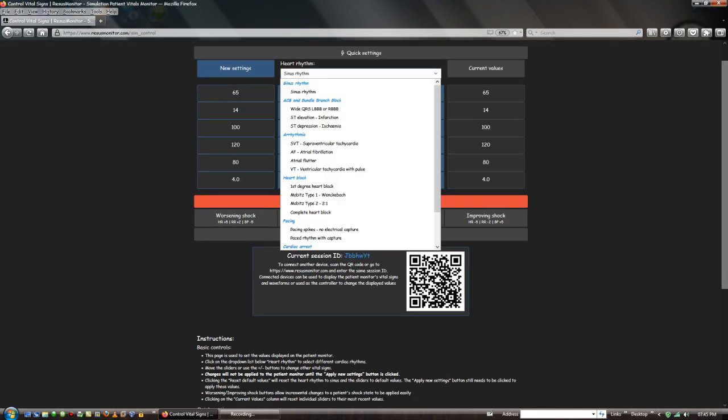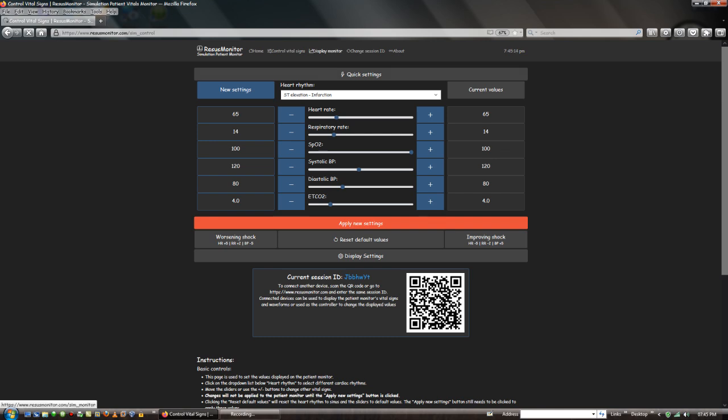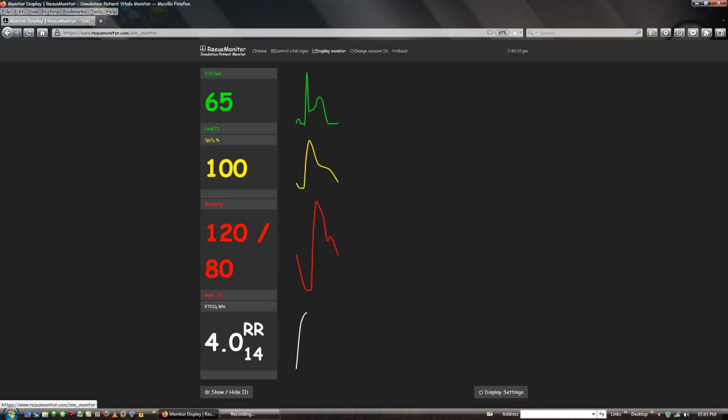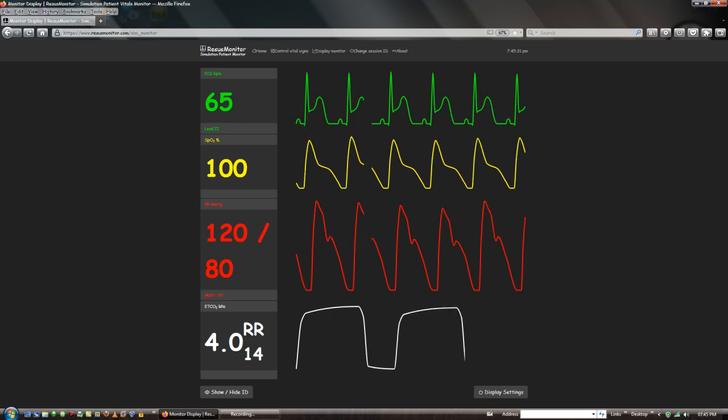which is ST elevation infarction. Now, ST elevation is an ischemic heart disease called myocardial infarction, which makes the person's heart burn.